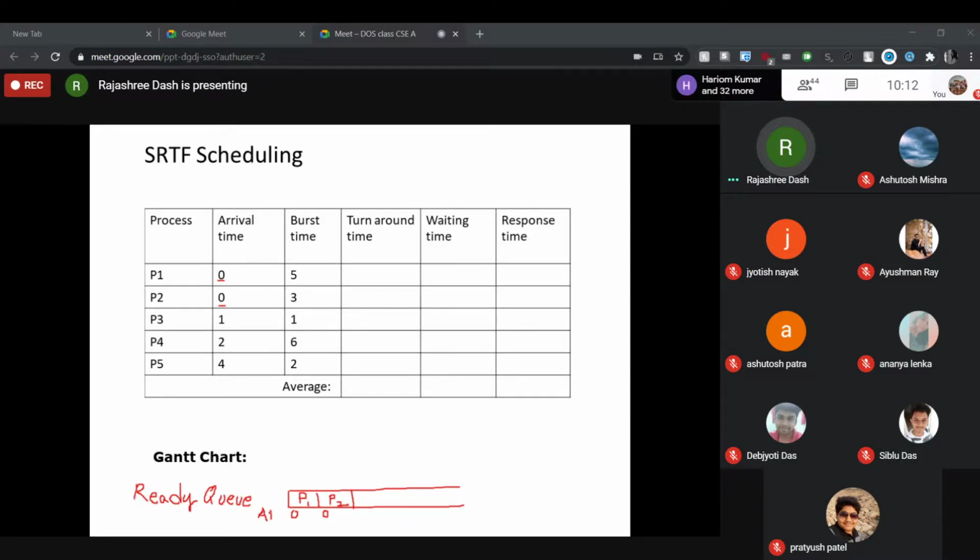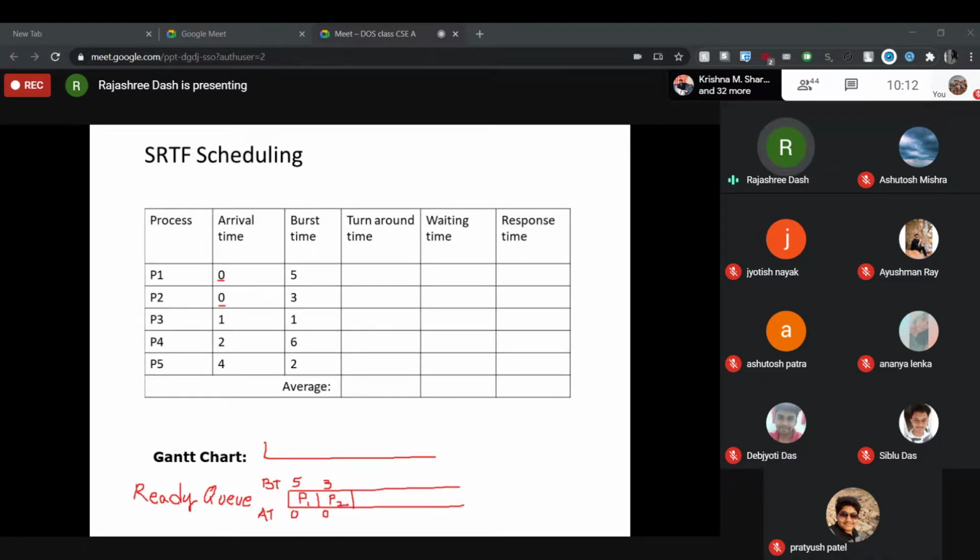Now the burst time I am also representing. Burst time for P1 was 5 and for P2 was 3. So at time 0 there are only two processes in the ready queue.